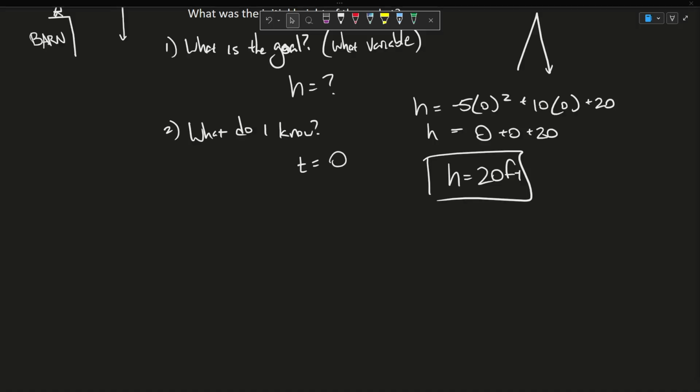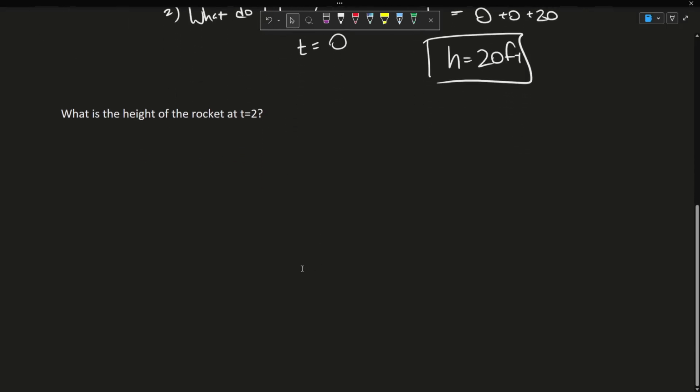My next type of question is a bit simpler. Same type. I might give you a time and ask, what is the height at this time? Once again, what do I not know? I don't know my height. And I know my t equals 2.